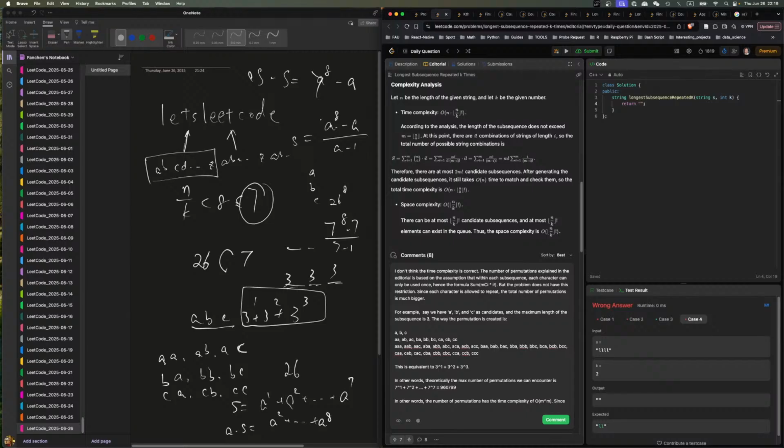And since the largest m is 7, with the largest m being 7.